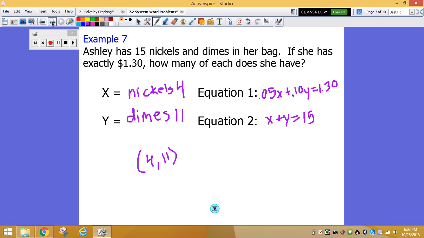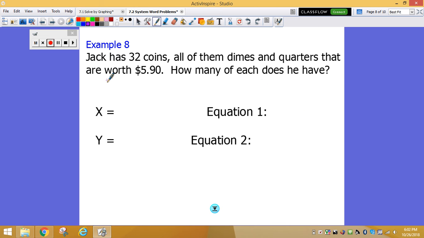Let's do one more money one, and then you're going to go do your worksheet. Jack has 32 coins. They're dimes and quarters, so I'm talking about dimes and quarters. So a dime is worth 10 cents. A quarter is worth 25 cents.